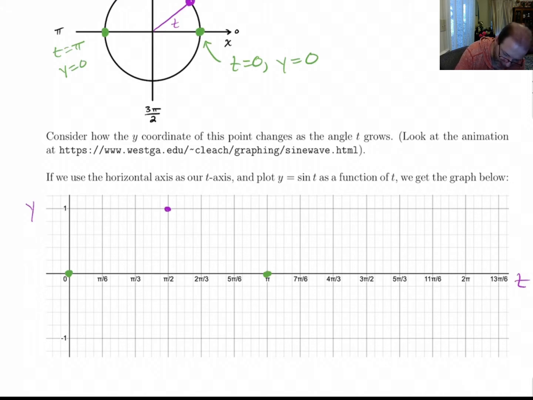Then down here, t is 3 pi over 2, and the y coordinate there is negative 1. So I'll come over here to 3 pi over 2, and I'll plot negative 1. Then when we come back up to this point again, it's the same point, so y is still 0, but we've got t is 2 pi.